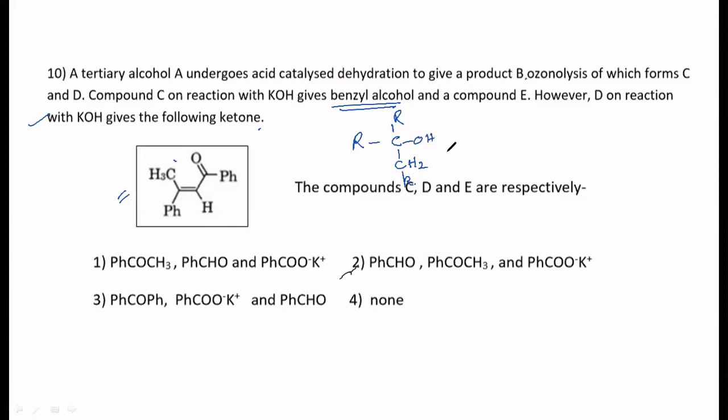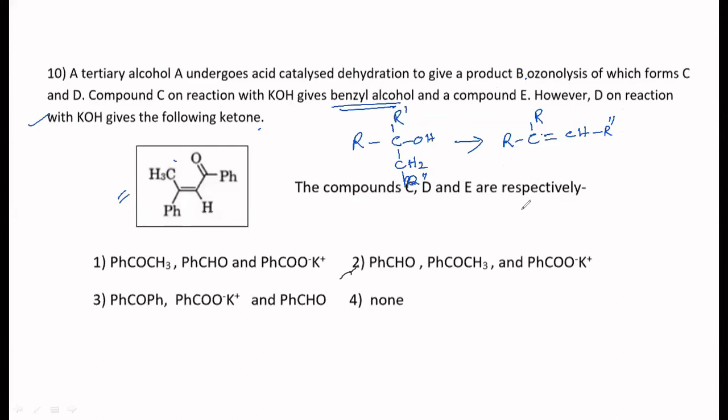It undergoes acid catalyzed dehydration, so you are going to get the product B. Let's take this as R dash. This goes along with this, you are going to get a double bond, CH, R double dash. So this is the dehydration product, whose ozonolysis forms C and D.